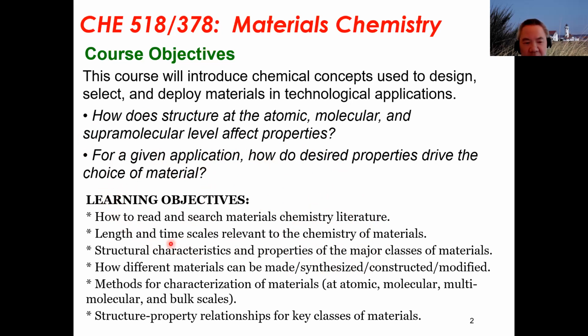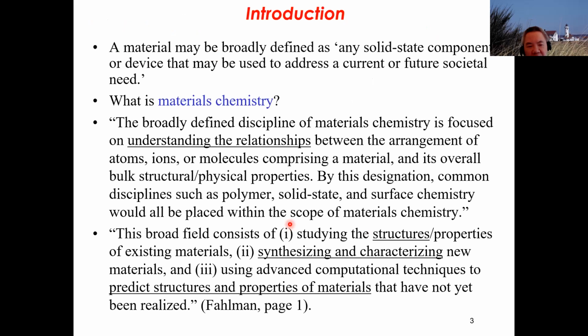In this particular case, we are hopefully going to go through materials chemistry literature searches, looking at lengths and time scales relevant to the chemistry of materials, structural characteristics and properties, how we make materials, modes for characterizing materials, as well as structure-property correlations for different classes of materials. Again, I just want to give you a flavor for the sort of things that we talk about in my class, and I'll be glad to answer questions about them afterwards.